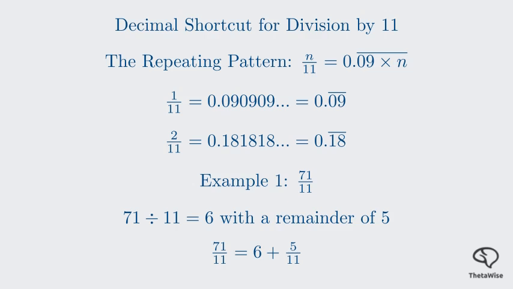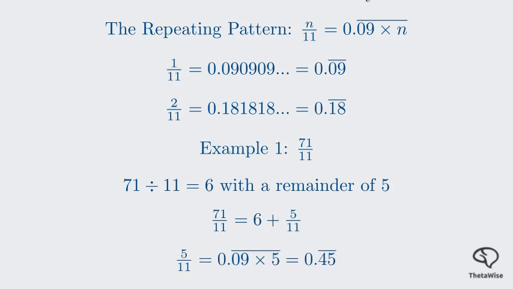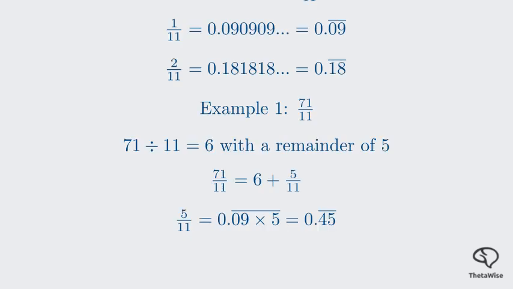We multiply 0.09 by 5. 0.09 times 5 is 0.45. So 5/11ths is 0.45, repeating. Putting it all together, 71 divided by 11 is 6.45, repeating. We found the decimal without doing any long division after the first step.